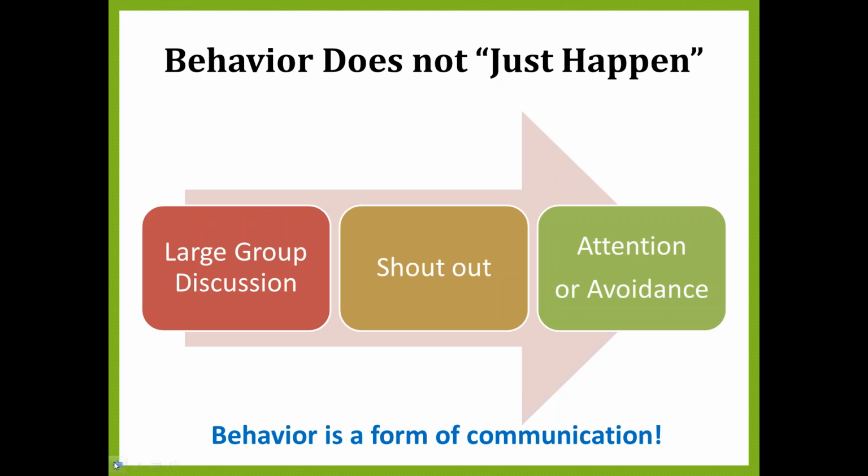So we know in advance that during large group discussion there's a high likelihood that Charlie's going to shout out. What we need to look at is what maintains this behavior of his. Is it something that he's getting, or something that he's getting out of? We need to look at those previous consequences to determine what is maintaining Charlie's behavior and what we can do to correct it so that we can keep Charlie in the classroom. Always remember, behavior is a form of communication.